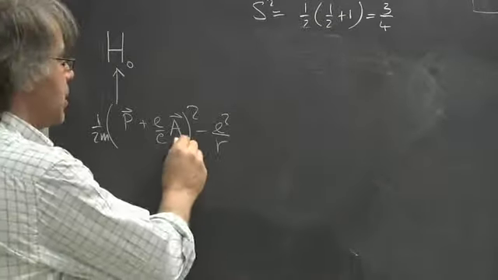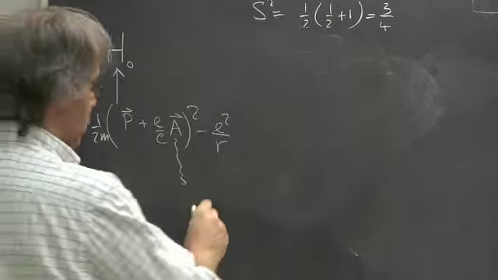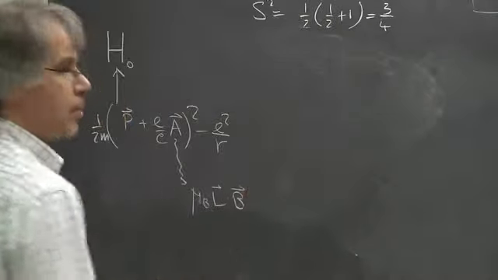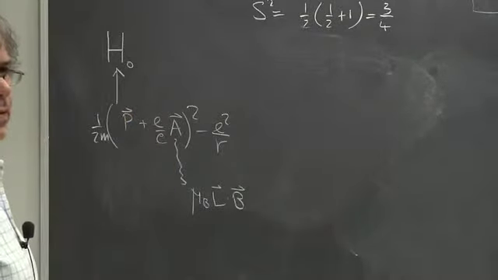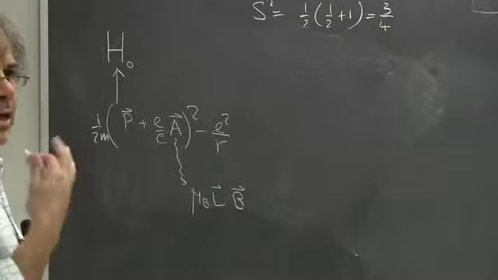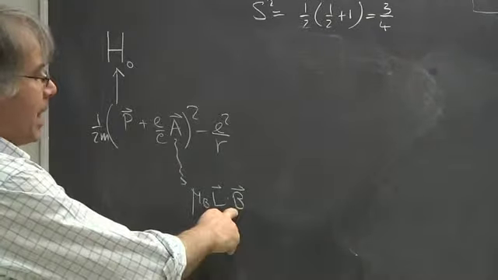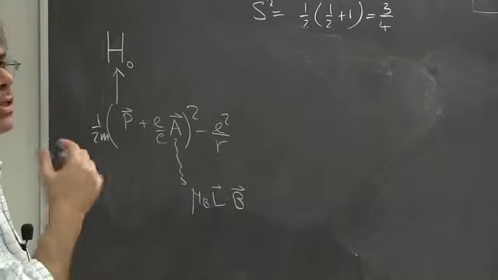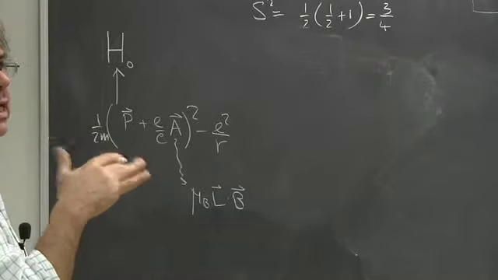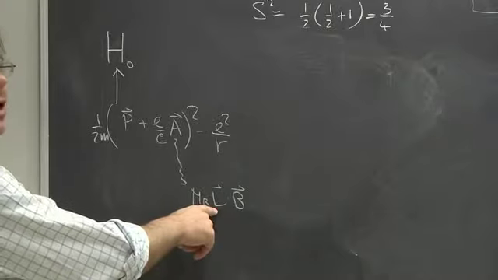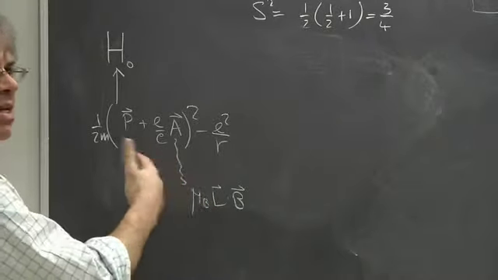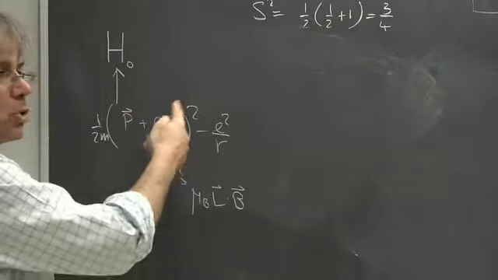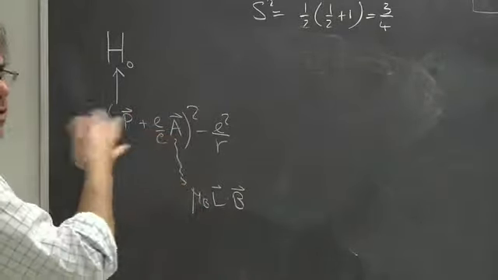And you know that this gives rise essentially to a term mu b L dot B plus a B squared term, okay? So already at the orbital level, the magnetic field enters in some sense. However, if I'm looking at a hydrogen atom in the ground state, L is really 0. So at that level, there's not much effect due to this term. There would be an effect due to B squared, okay? But let me forget about this thing.